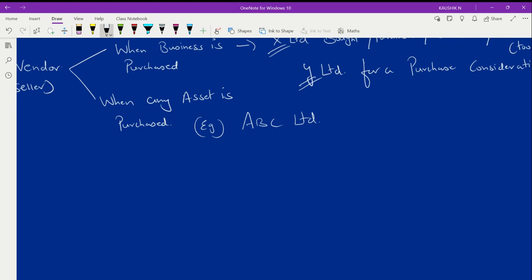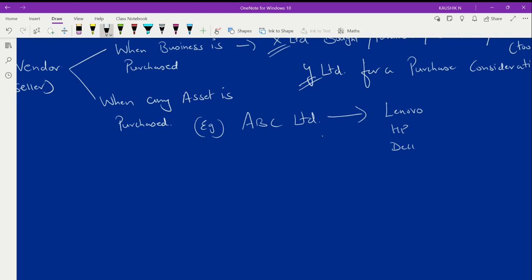So ABC Limited needs computers or laptops for the newly set up business, and they have given quotations to computer developers, for example Lenovo, HP, Dell. They have given the quotations to some leading brands.